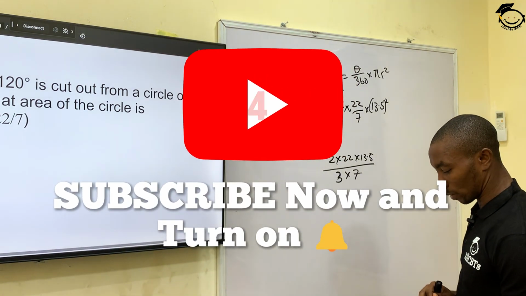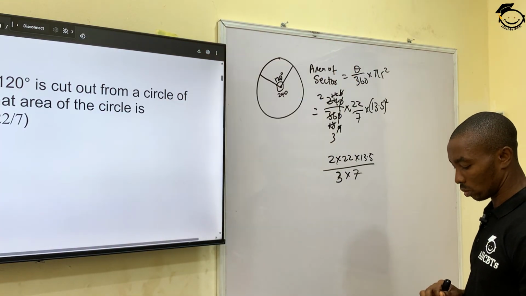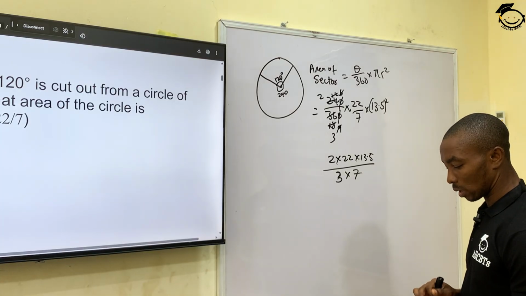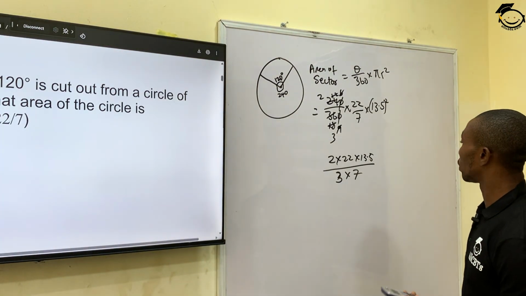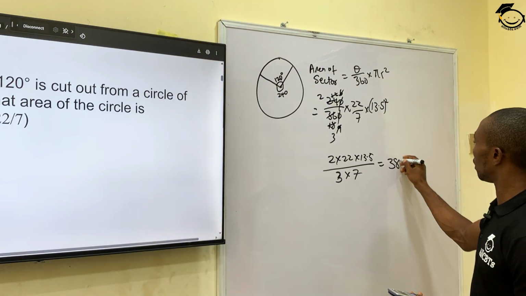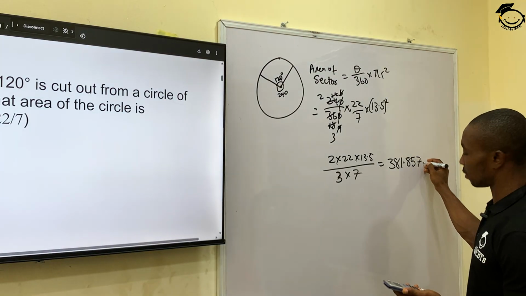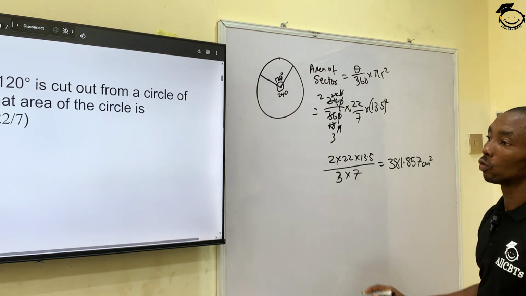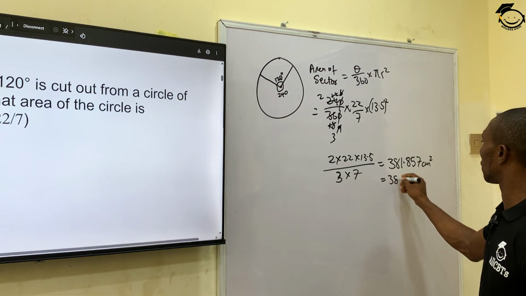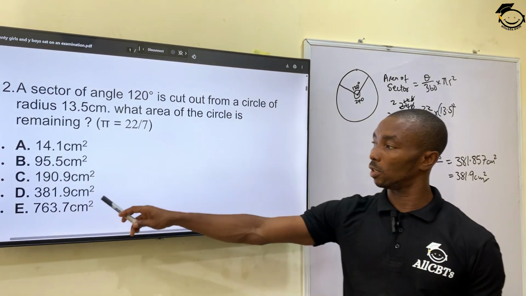We have 13.5 squared times 22 times 2 divided by 21, which will give us 381.857 centimeter squared. Our closest value there will be 381.9 centimeter squared, which is option D.